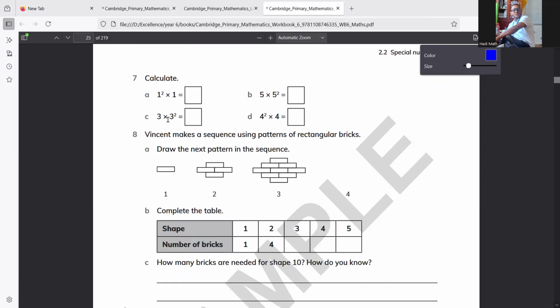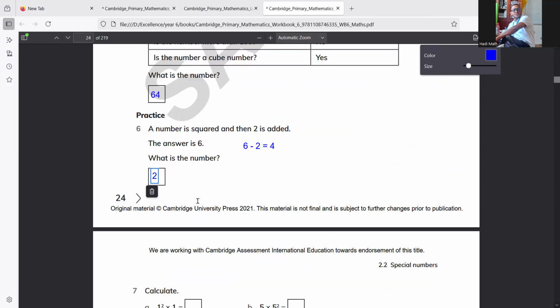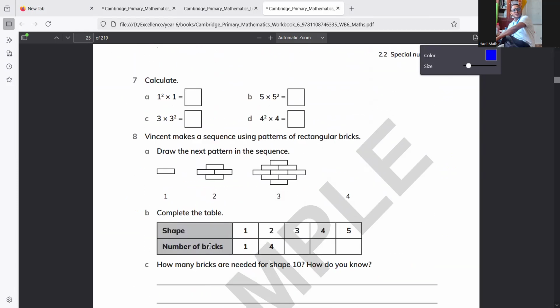Question number 7. They ask you to calculate. When they ask you to calculate, you do all the steps one by one. Go to the first one. 1 squared is equal to 1. Then multiply by 1 is still 1. Then here they say 5 multiply 5 squared. We know 5 squared is equal to 25.